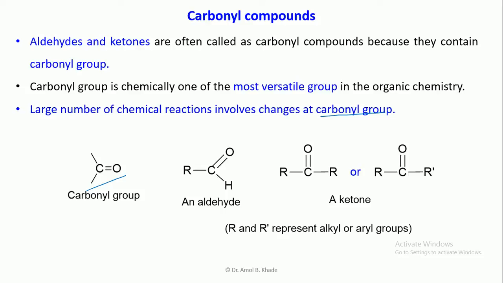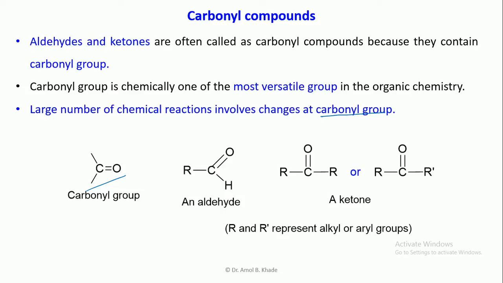There are many pharmaceuticals and active pharmaceutical ingredients which contain either an aldehyde or a ketone in their structure. So we need to study how we can name these aldehydes and ketones, which are referred to as the carbonyl compounds.